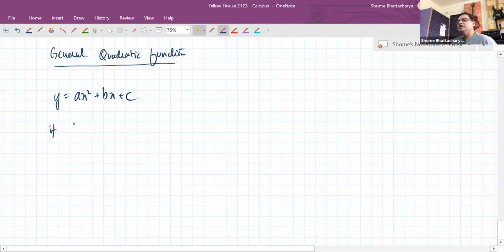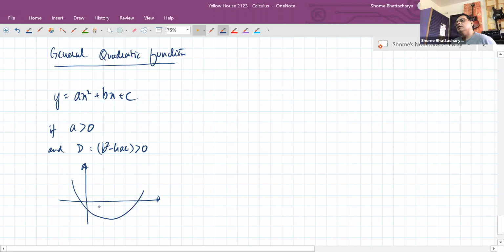If a is positive, and the discriminant, that is b square minus 4ac, is also positive, then this parabola will have this sort of graph. It will intersect the x-axis at two different points, and the parabola will be opening this way.